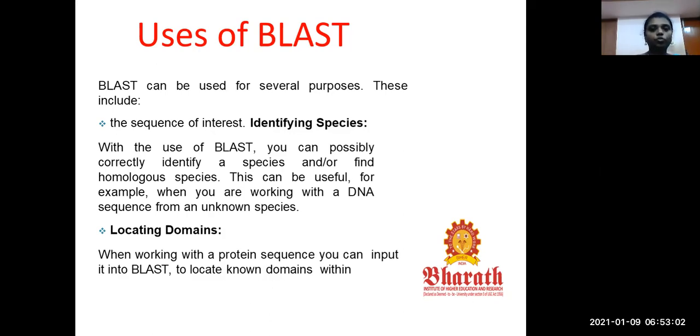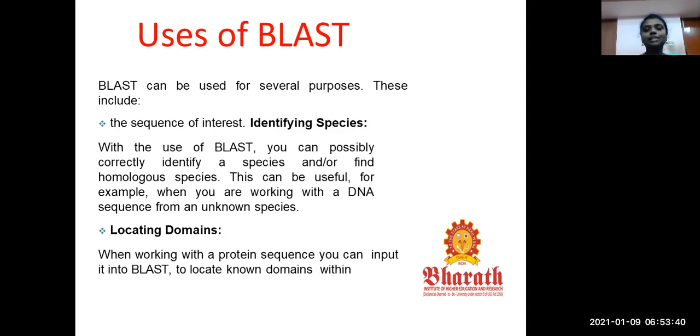If you find a new species, with the help of its protein set or DNA set we can identify which kind of species it is, and also place the species in its particular family. So we can almost correctly identify a species and a homologous species. If it belongs to a particular family, it can be easily identified.